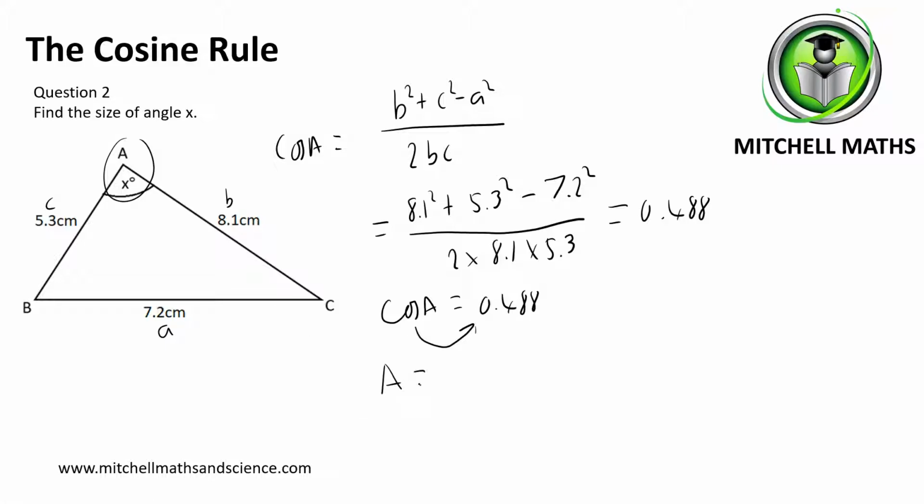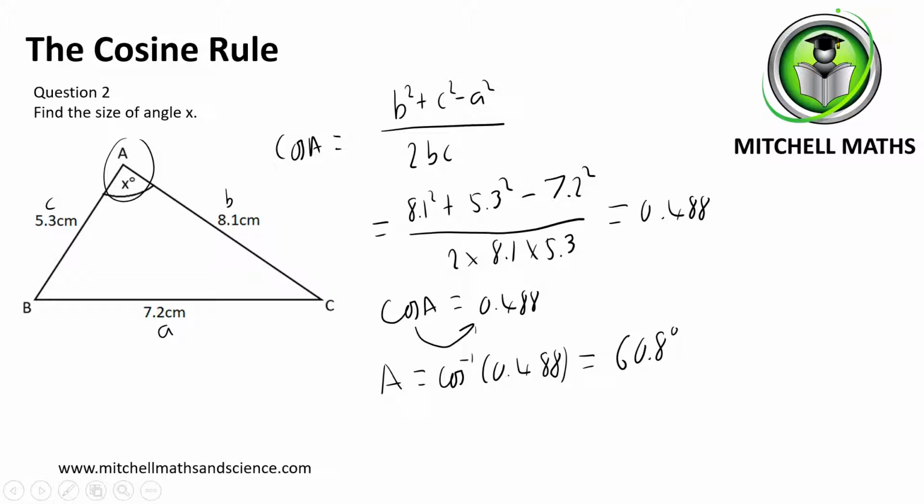So A equals cos minus 1 of 0.488. And the inverse cos will give us 60.8 degrees. That's how to find an angle.